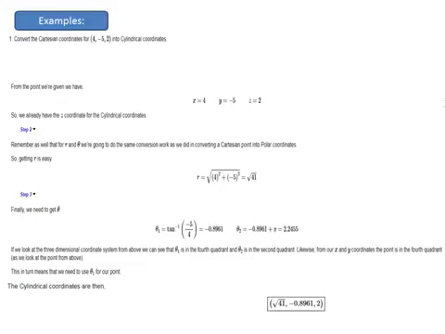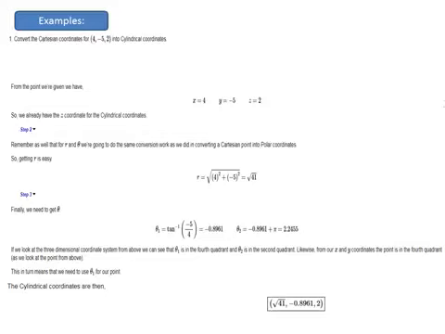We have another example in which we want to convert the Cartesian coordinates 4, -5, 2 into cylindrical coordinates. From the point we are given x equals 4, y equals -5, and z equals 2.